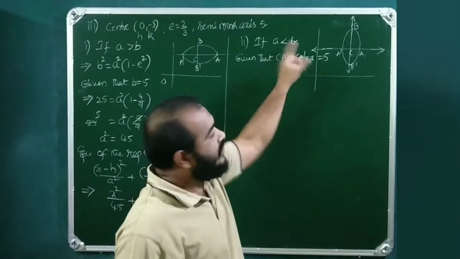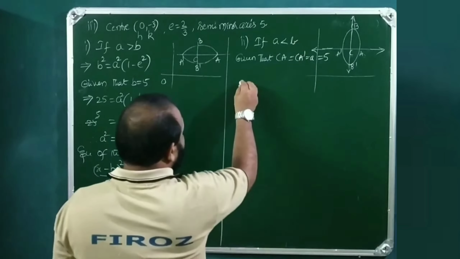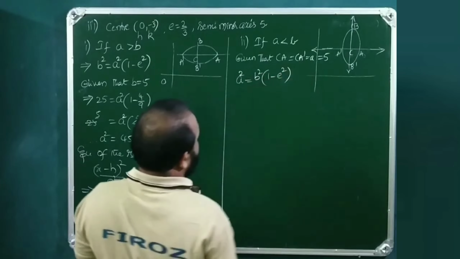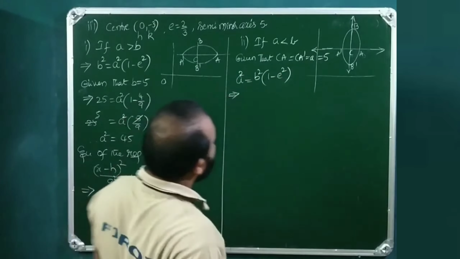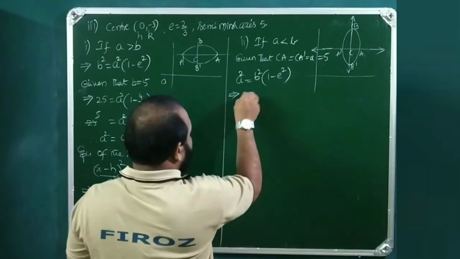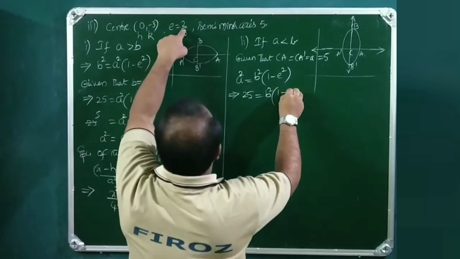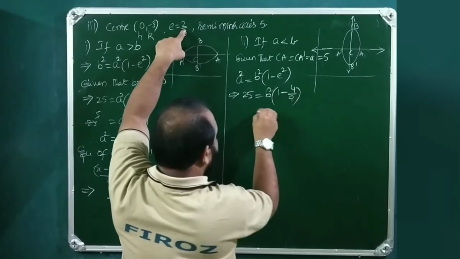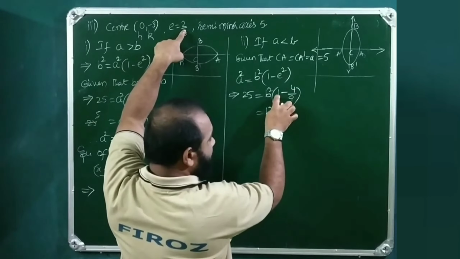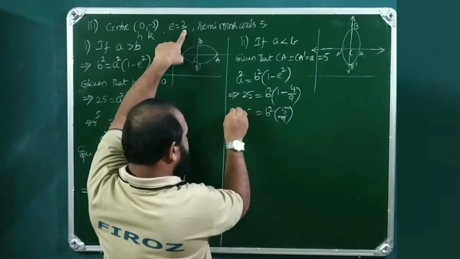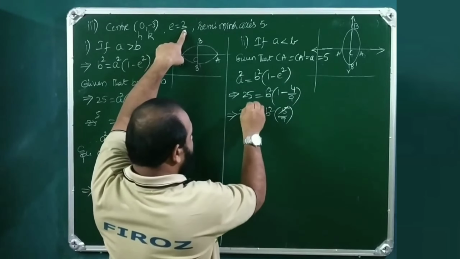So if A is less than B, the condition is A square equals B square into 1 minus E square. So 25 is equals to B square into 1 minus 4 by 9. So B square into (9 minus 4) by 9, that is 5 by 9, is 25. So 5 5s are 25.